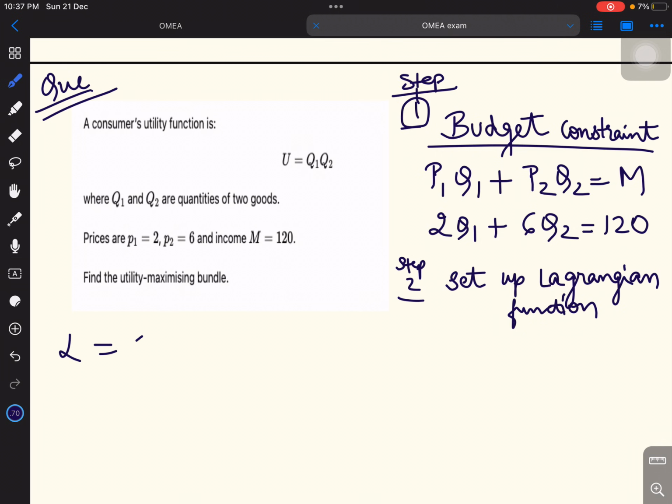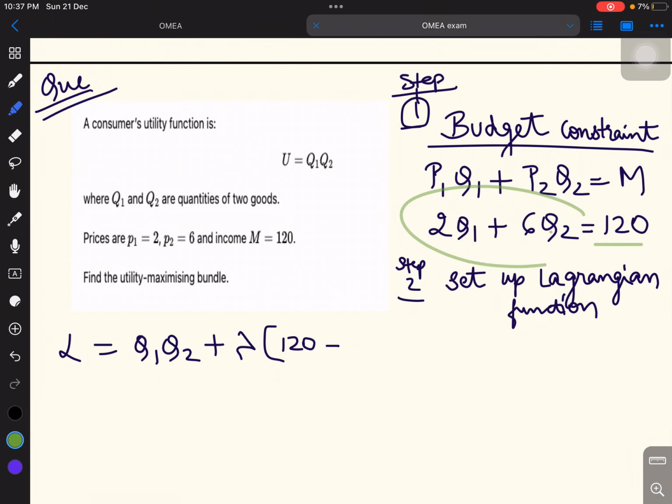So L is equal to the utility function Q1 Q2 plus lambda, and like I explained earlier also, we first write it in terms of the constant 120 minus, so this usually is the constant, so this whole will go in this, so the signs will change: minus 2Q1 minus 6Q2.